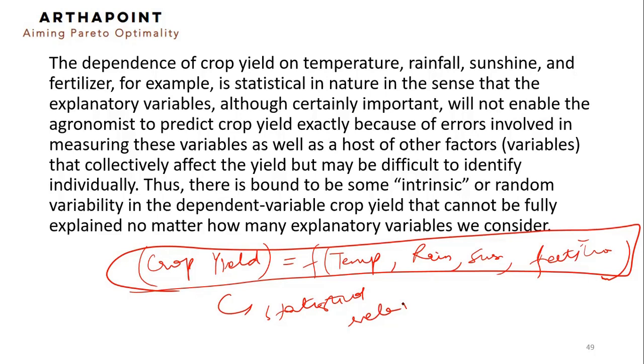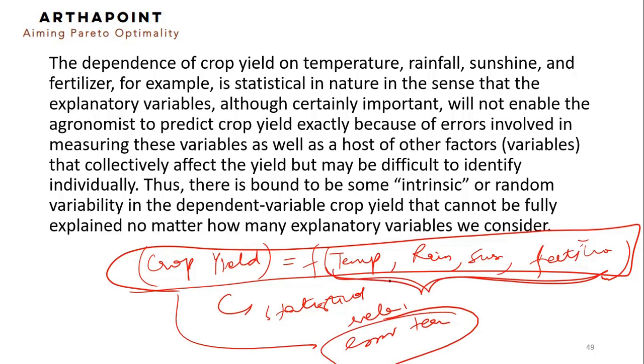Because although my crop yield depends on temperature, rainfall, sunshine, fertilizer, etc., these are not enough. I just introduced you to the concept of the error term. Even if I've taken four main factors that may affect my crop yield, there may be some small factor that I have not taken. Because I haven't taken all the factors into consideration, I will be able to predict crop yield, but there will be some randomness involved.